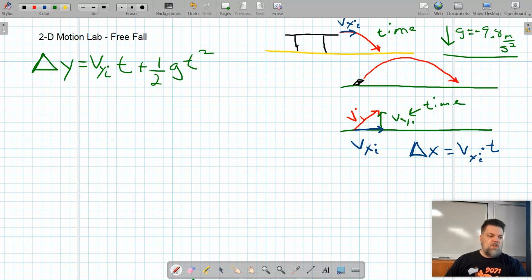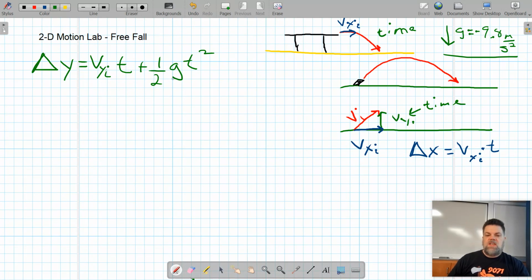So this is a formula we wrote down the other day, except what we did was we had delta x instead of delta y. All right. So we've got to think about a couple things.